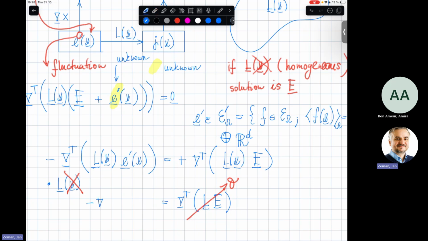Here I will have divergence of L of x, which would be L, just nothing else. So constant times E prime as a function of x.